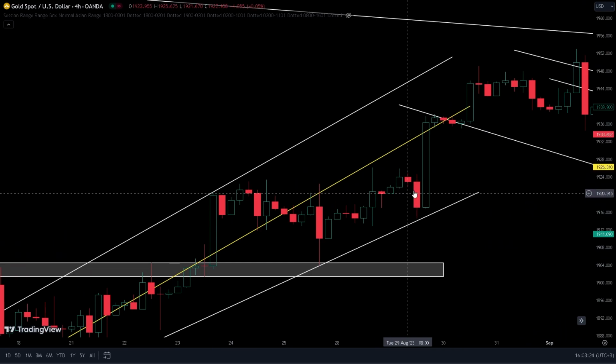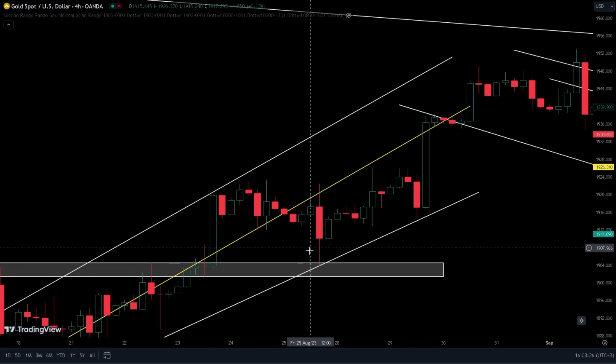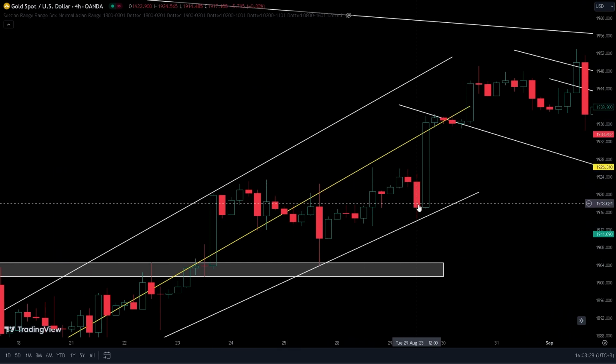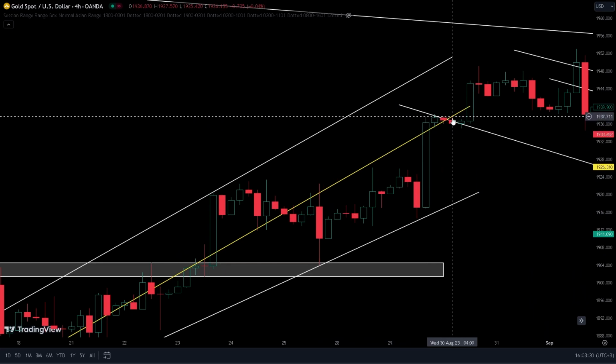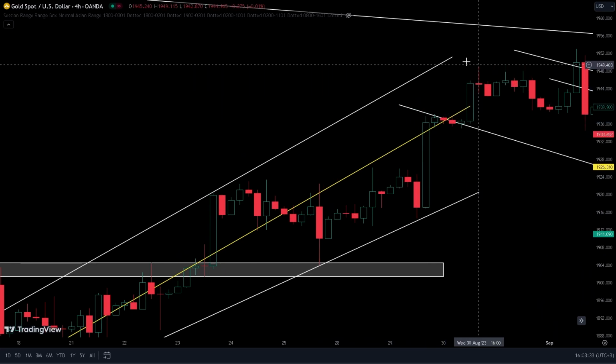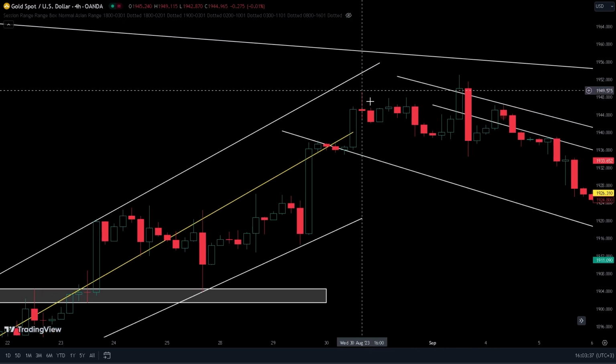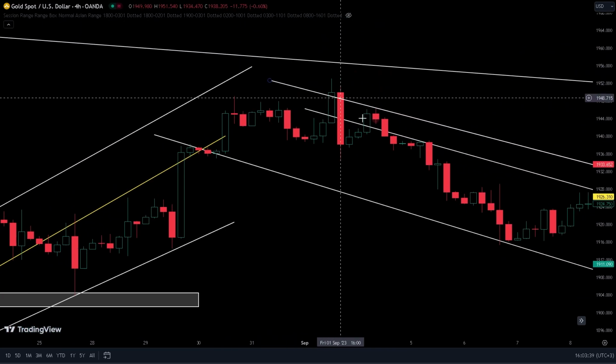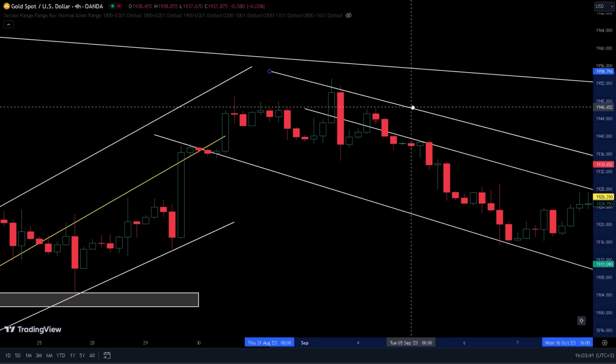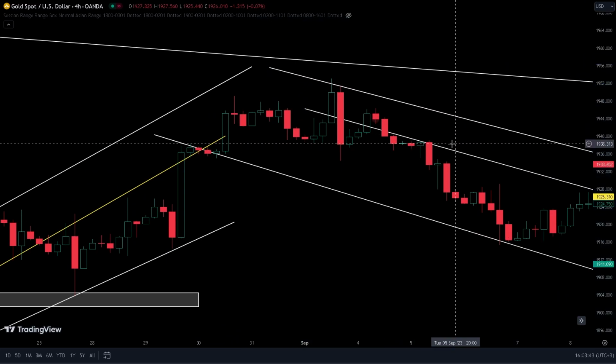You can see the market respected this area, and then respected it again, and then pushed to the upside, crossing the 50 level, and reached this supply area over here. And boom, we have a different channel, a different story, a different rhythm, a different dance in the market.